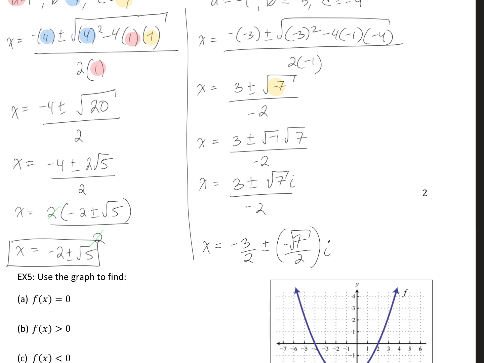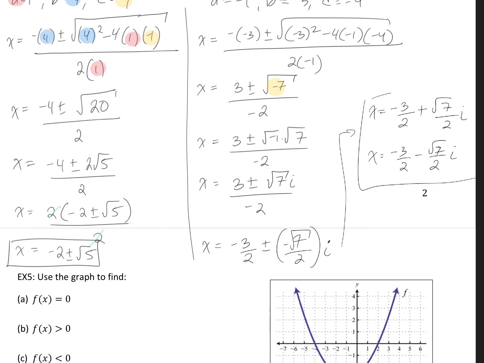That would be one way to do it. A few different ways to do it, but again, that would be one option, which splits into the two answers. x equals negative 3 over 2 plus square root of 7 over 2i. And x equals negative 3 over 2 minus the root 7 over 2i. Again, splitting between the positive and the negative version.